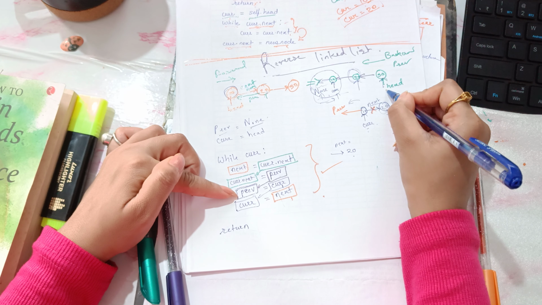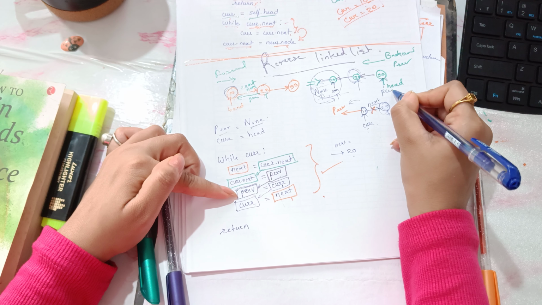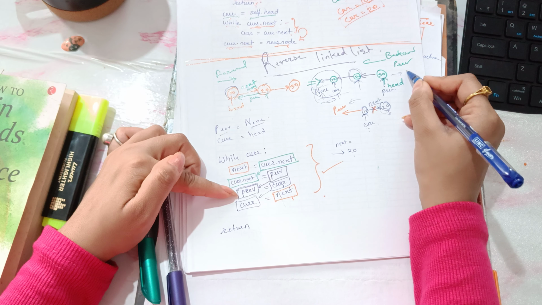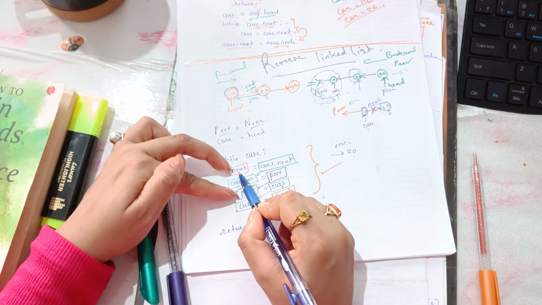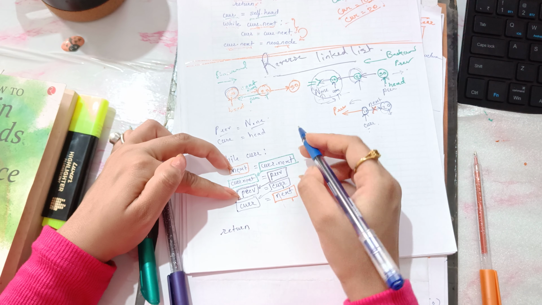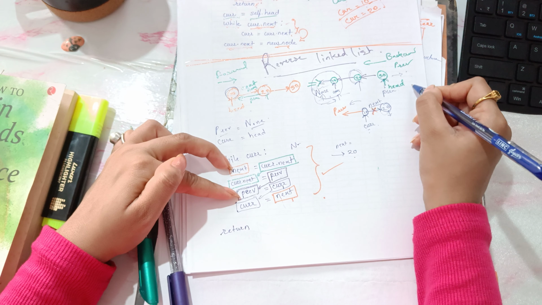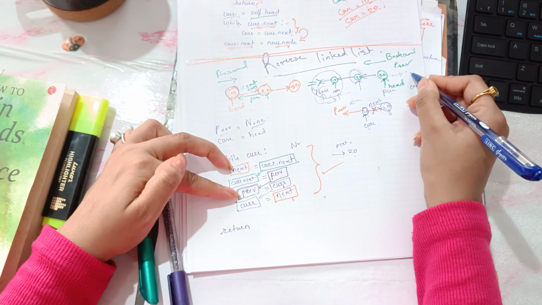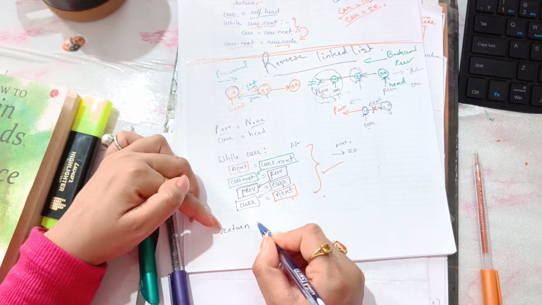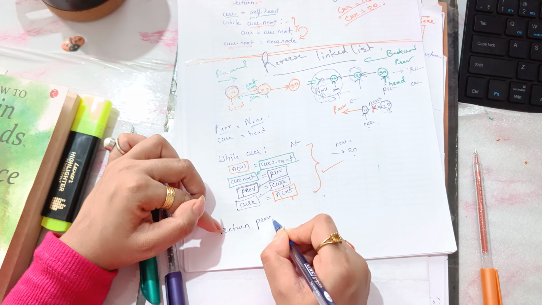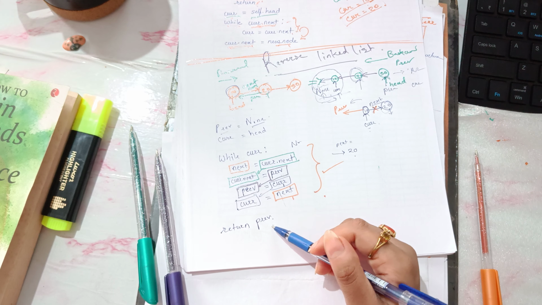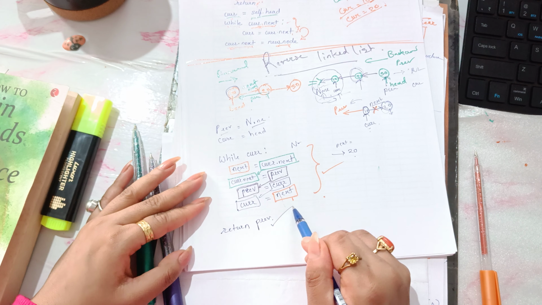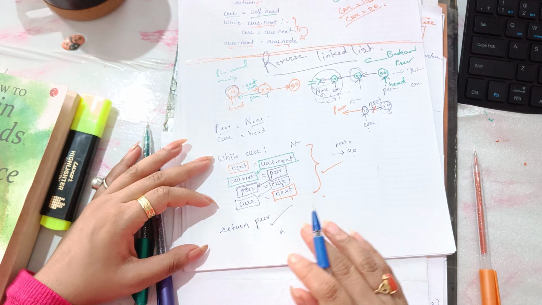When you reach here, previous pointer will be this, and suppose current dot next is none in some case, so your current will become none. So you have to return prev, the previous pointer, which will be your new head. Okay, so this is what you need to return.